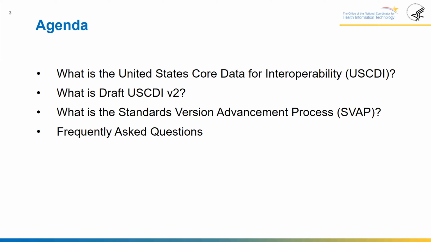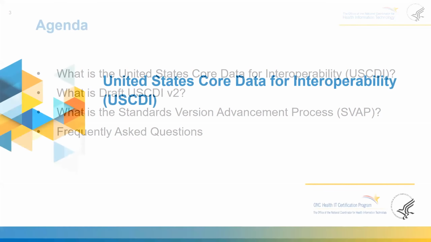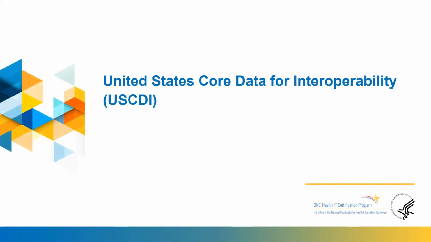And at the end, we'll answer some frequently asked questions about USCDI and SVAP, as well as provide links to some resources that will be helpful for you. Next slide.